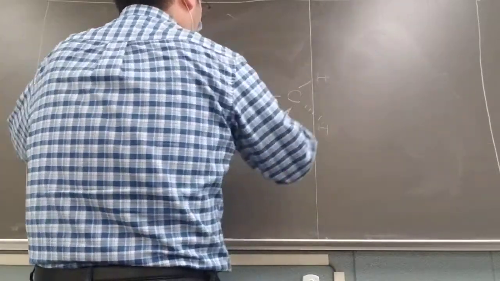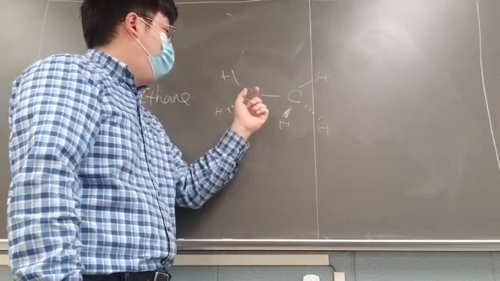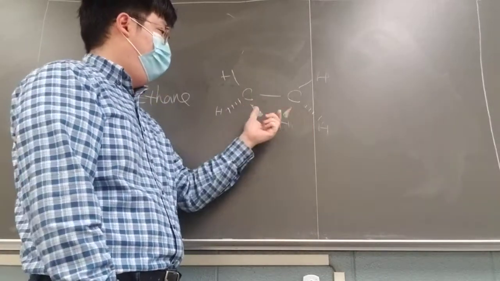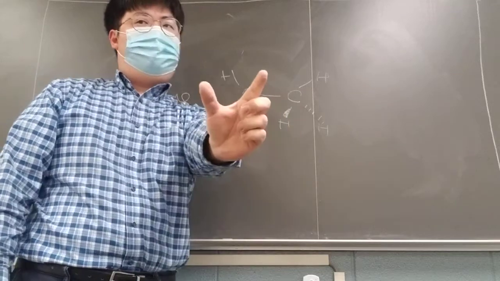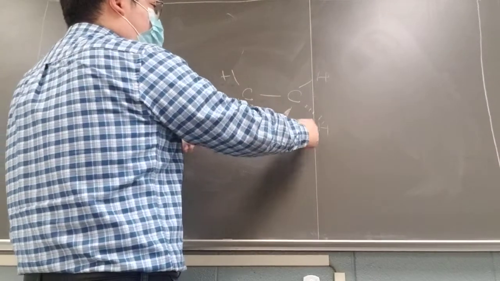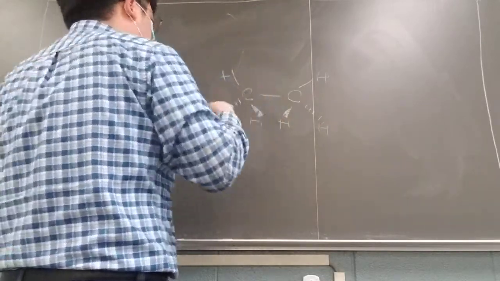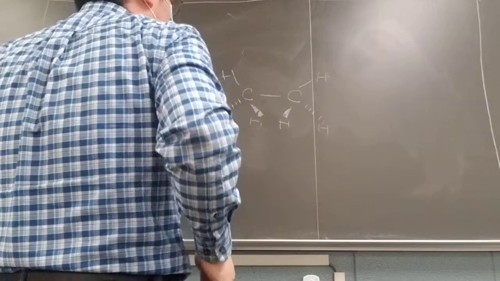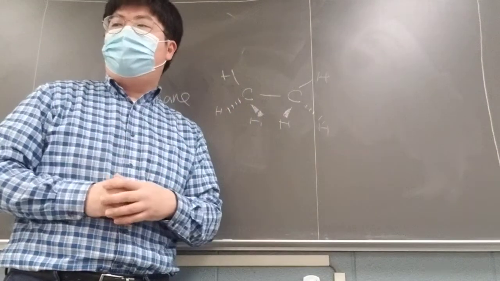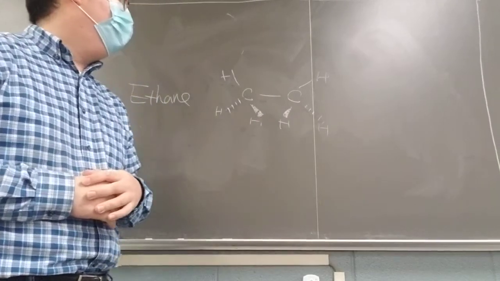But the one on the wedge is going forward, toward you. The dashed line is going to the back side of the board, in the other direction. So this is the normal way for us to present the 3D structure of an organic compound.